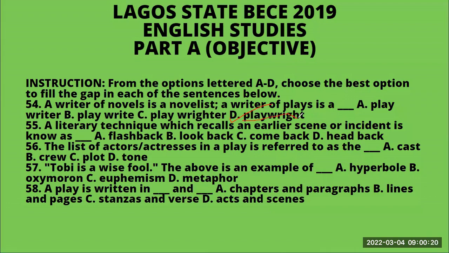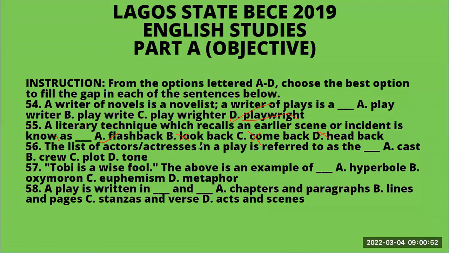So this is quite correct. Playwright is the answer. Then question number 55, a literary technique which recalls an earlier scene or incident is known as dash. A, flashback. Yes. The answer is flashback. B, look back. No. C, come back. No. D, head back.